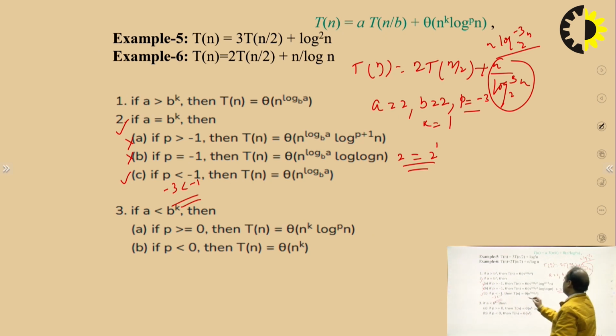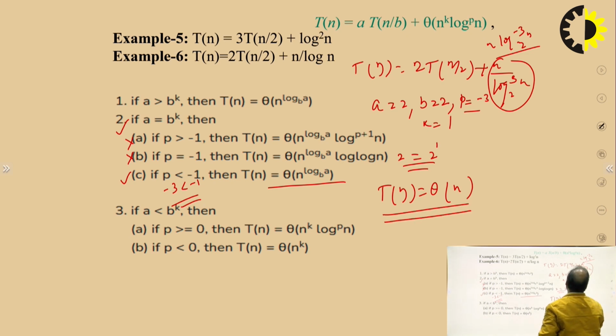So that means the answer will be T(n) is theta n to the power log a base b. This is the solution. So this is very helpful to solve any kind of recurrences. The advanced master method will cover all the types of recurrences where you have T(n) is aT(n/b) plus this.